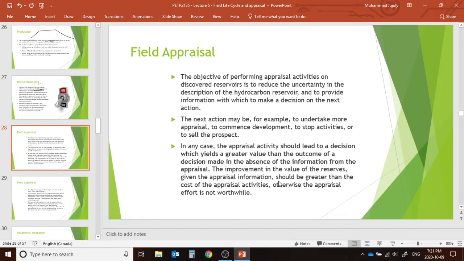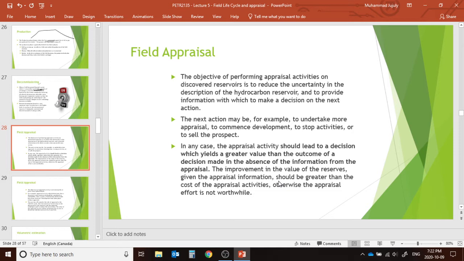Now, as we have discussed before, what would be the next action of the appraisal? The next action could be to undertake more appraisal, yellow light, remember, or to commence the development, green light, or to stop the activities or sell the prospect, red light. So in either case, the field appraisal activity should lead to a decision which yields greater value than the outcome of the decision made in absence of the information from the appraisal.